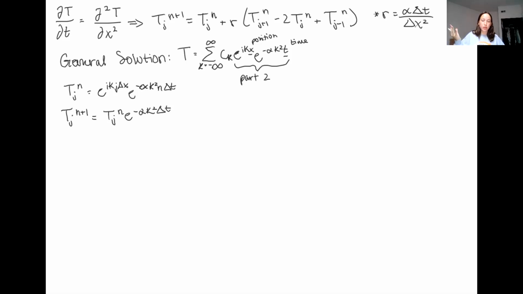So now we're just gonna plug that back into the equation. We'll leave TJN plus 1 as it is, and then we'll factor out TJN and continue to simplify the equation.